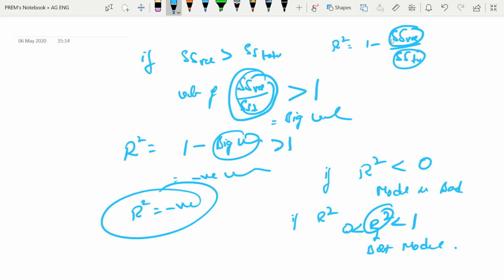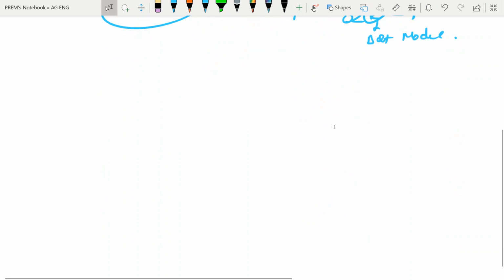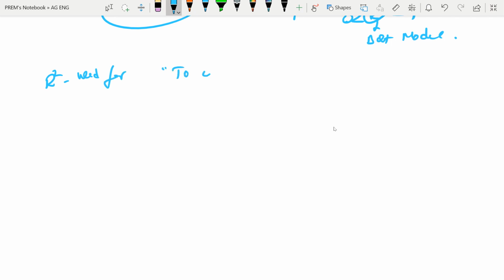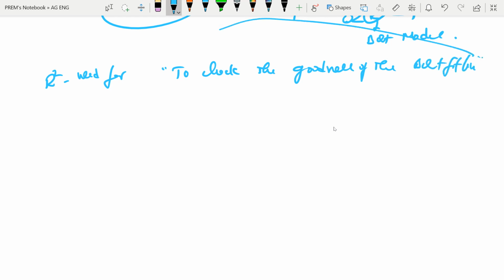R square is basically used to check the goodness of the model, to check the goodness of the best fit line. This is the main purpose of R square.